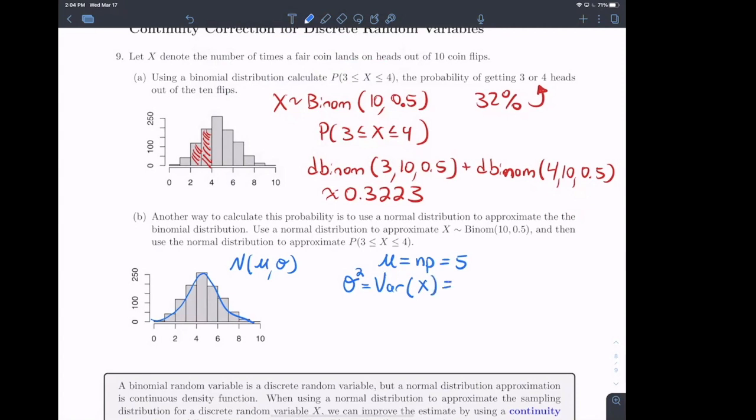And we can calculate the variance of this distribution. So we're going to construct a normal distribution, and the idea is we're going to use the mean and the standard deviation from the binomial distribution to describe the spread and center of the corresponding approximate normal distribution. So the mean we get by n times p. The standard deviation we can get by calculating the variance, which is n times p times q.